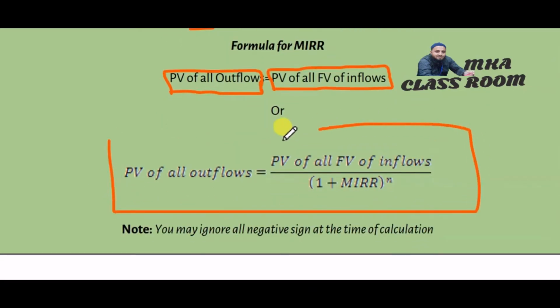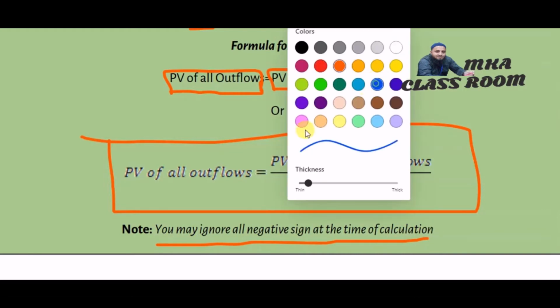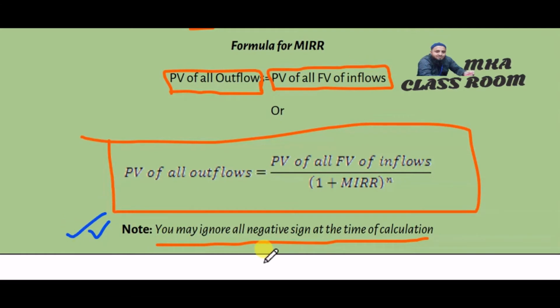MIRR formula: PV of all outflows equals the FV of inflows divided by (1 plus R) to the power n. Note, you may ignore all negative signs at the time of calculation. Remember to ignore all the negative signs at the time of calculations.